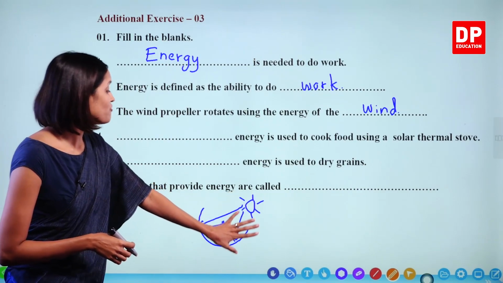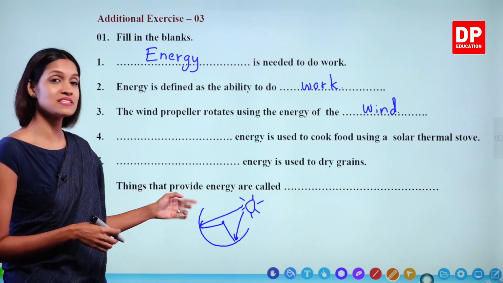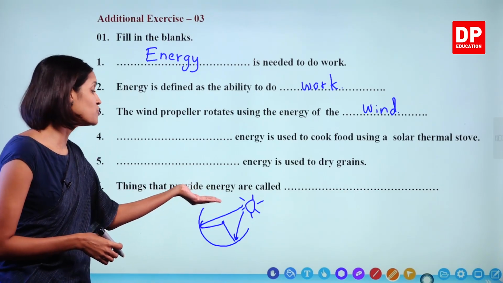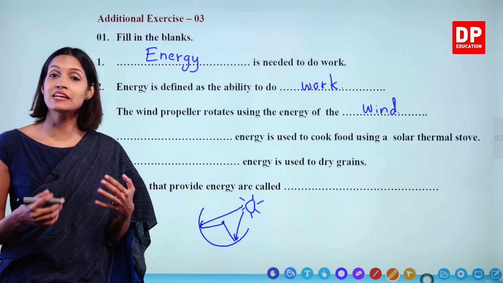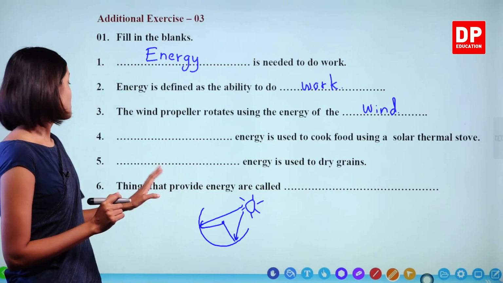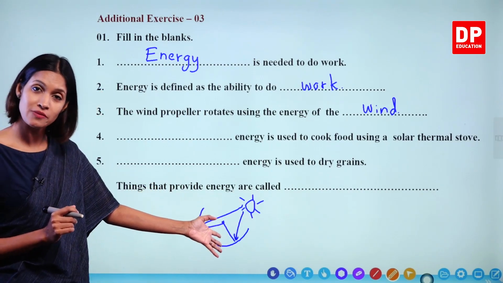Because of the reflection of light, all the reflected light rays come to this place, and this place has a higher temperature. Therefore, if we place our vessel or the pot at this place, we can easily cook food or heat water, right? So what do we need in order to cook food using this type of solar thermal cooker?